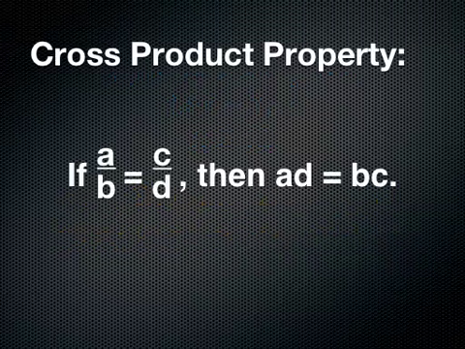The cross product property says if we have a proportion, A to B equals C to D, then AD equals BC. This is not anything new.